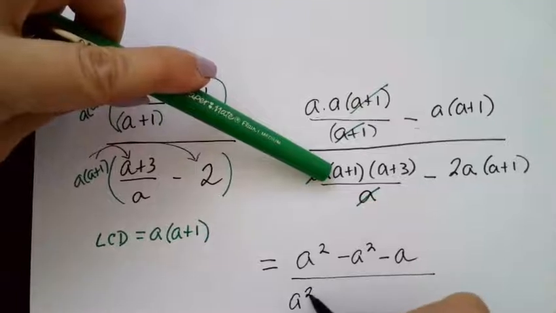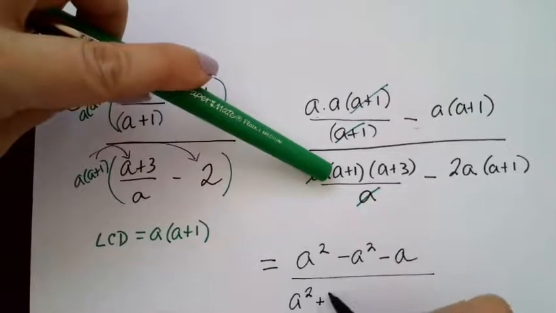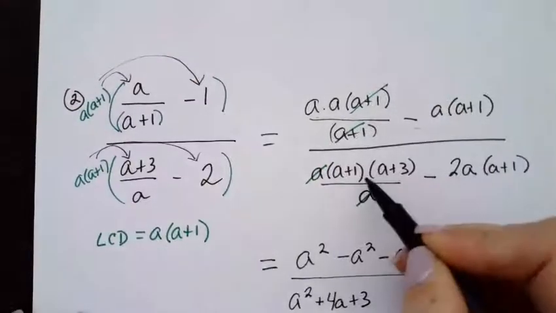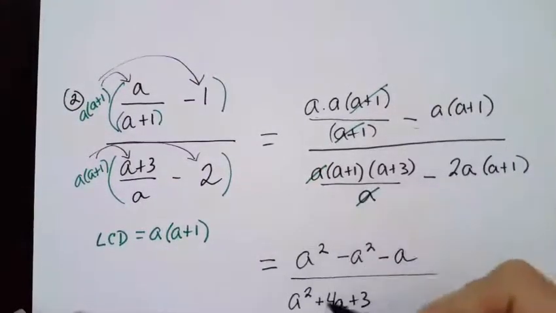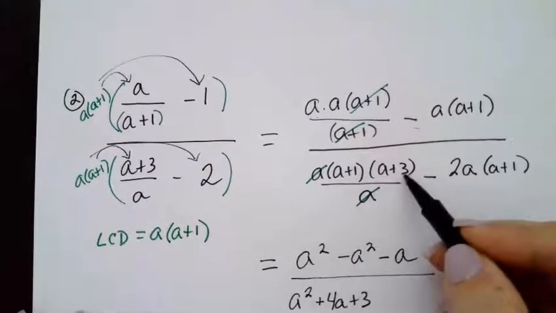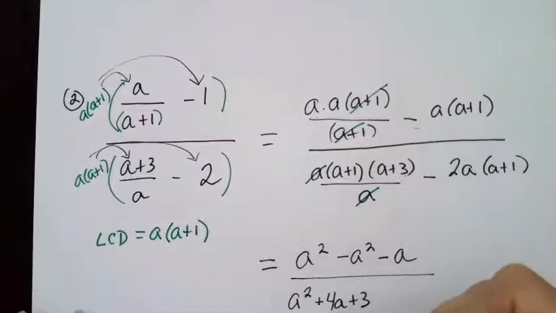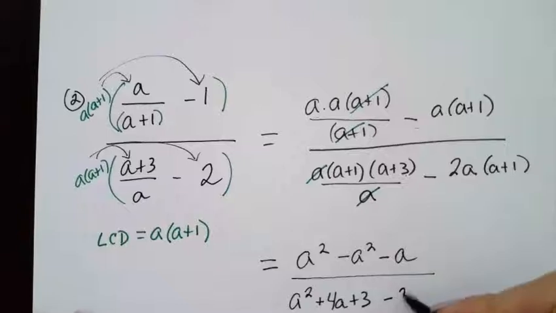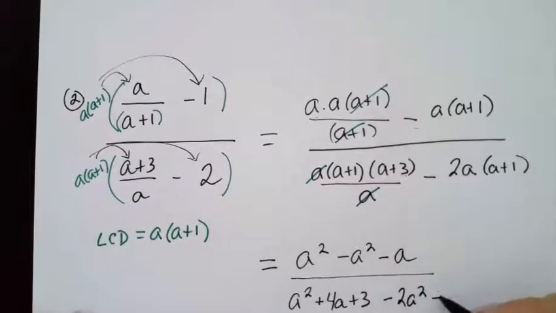So that gives me a squared plus 4a plus 3. And again, I did that quickly because I added the constants here to get the coefficient here, and then multiplied 1 times 3 to get this. Here I'll distribute that negative 2a, so it's negative 2a squared minus 2a.